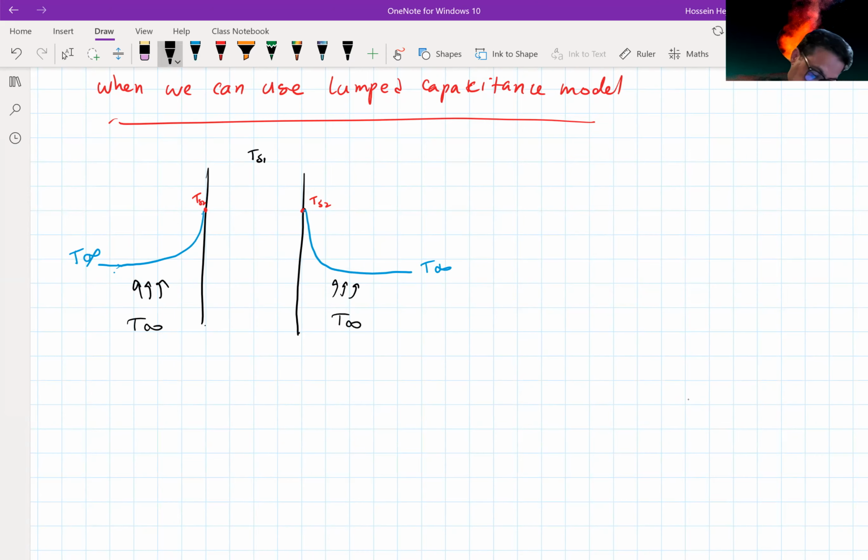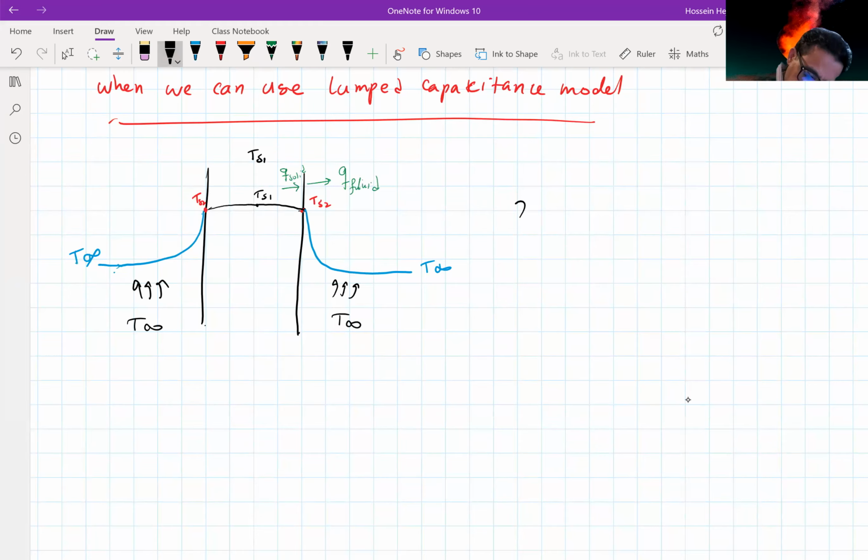Inside the solid, let's assume there is a negligible temperature gradient from Ts1 to Ts2. We know that the Q that is coming out from the solid by conduction is equal to the Q that is taken out by fluid through convection.